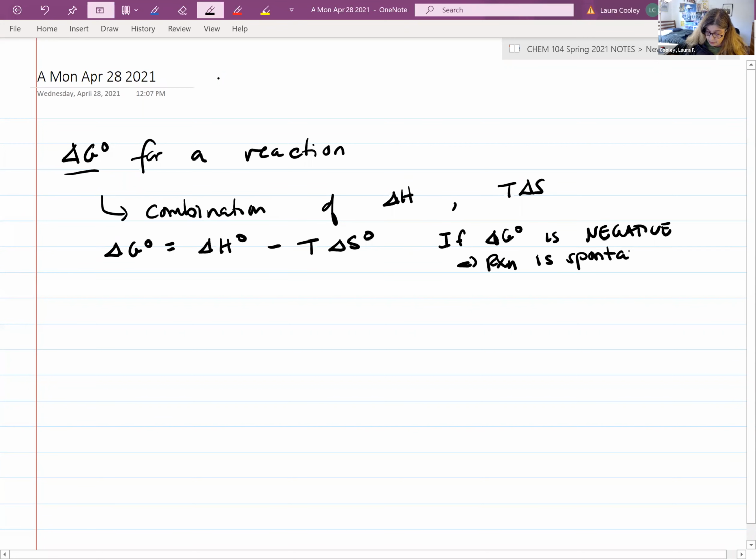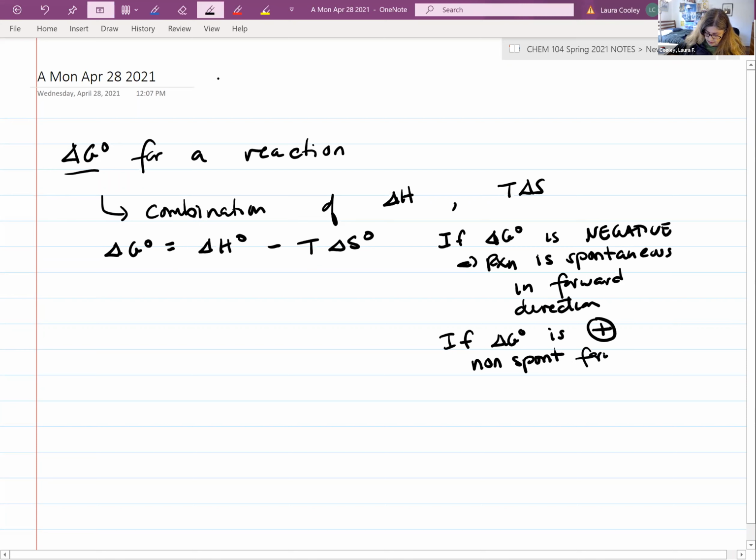In other words, it'll happen on its own in the forward direction. If on the other hand, delta G0 is positive, it is non-spontaneous in the forward direction. And it is spontaneous in reverse. Okay, so the sign of the delta G0 is extremely important.